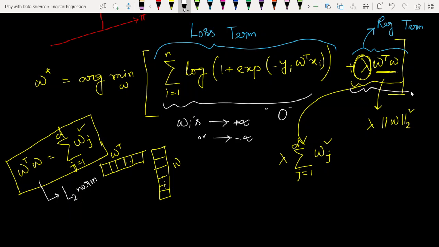So at the end of the day it becomes very large, since wi tends to plus or minus infinity.